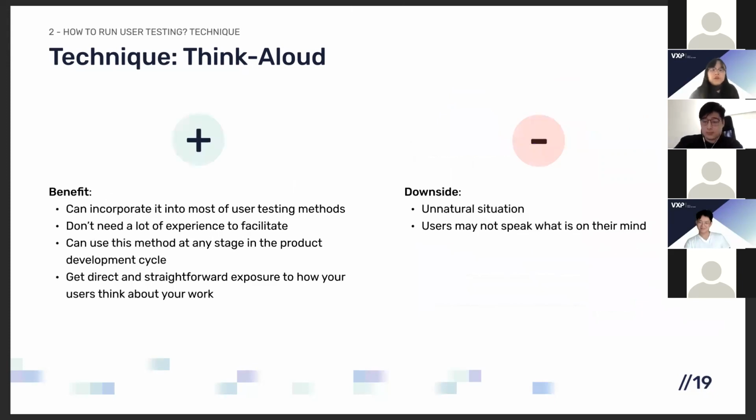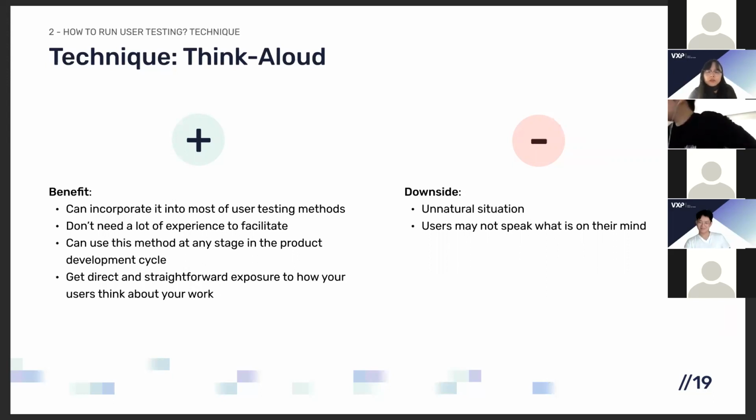So the benefit of doing think-aloud is that, like I mentioned, you can add it to any of the user testing methods that we just mentioned, or even the ones that we didn't mention. You don't need a lot of experience to facilitate. And you can use this method at any stage of the product development cycle, because what you're trying to get out of it is how users think and behave, and the reason behind their behavior when they interact with your product. And you get very direct and straightforward exposure to how your users think about your work.